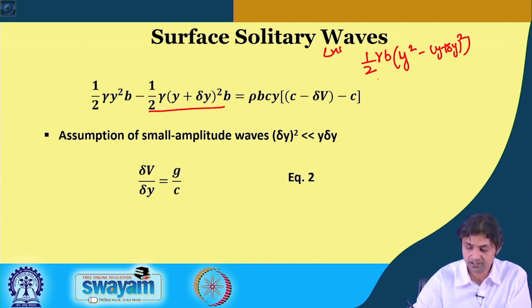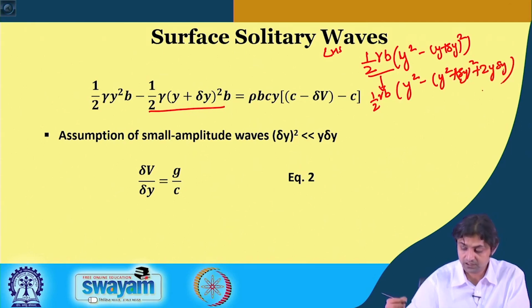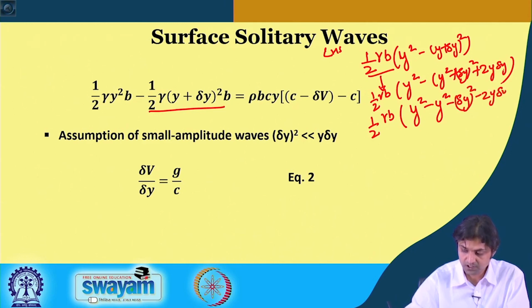This will be y square minus y square minus delta y square minus 2 y delta y.